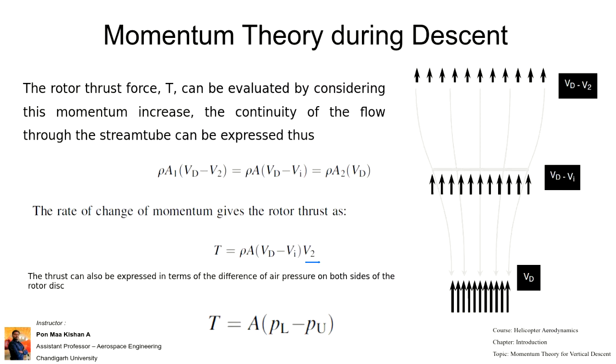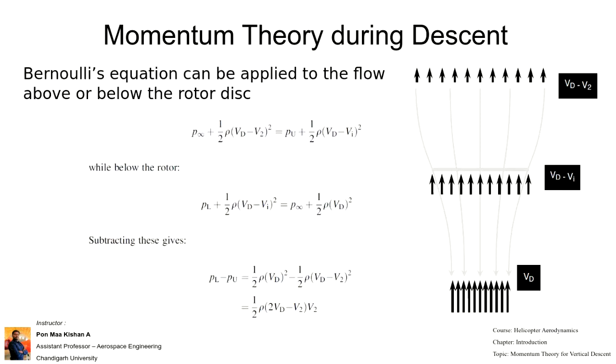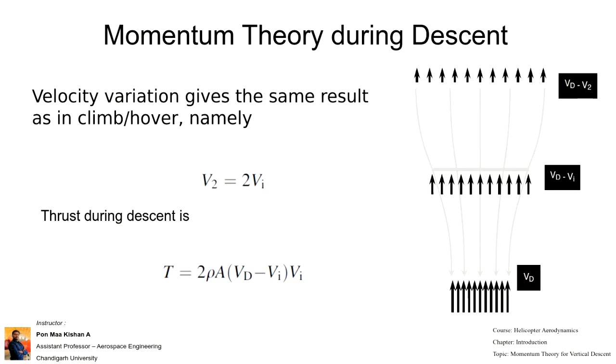So the pilot can easily understand that with this much velocity, this much thrust has to be produced to maintain stability and to descend properly. So the thrust during the descent is calculated.